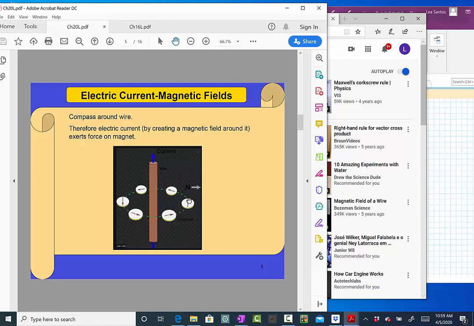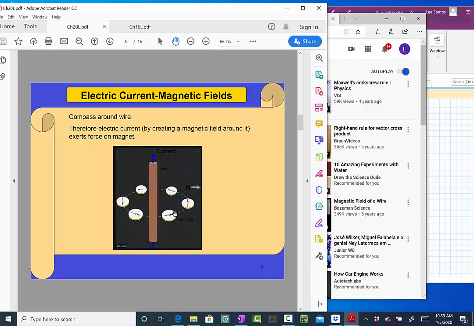So these needles are now aligned with the magnetic field of the wire. If you want to know, the red point here is the north pole of the needle, and this white side is the south pole of the needle. So they are aligned with the magnetic field created around the wire.